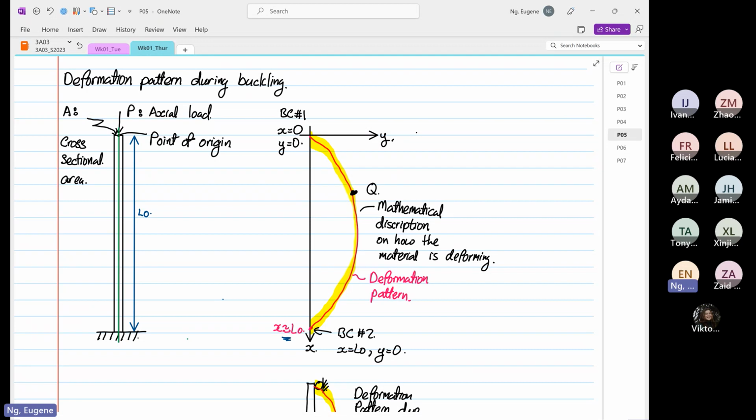this arbitrary point is our point Q. Point Q has two very unique features.